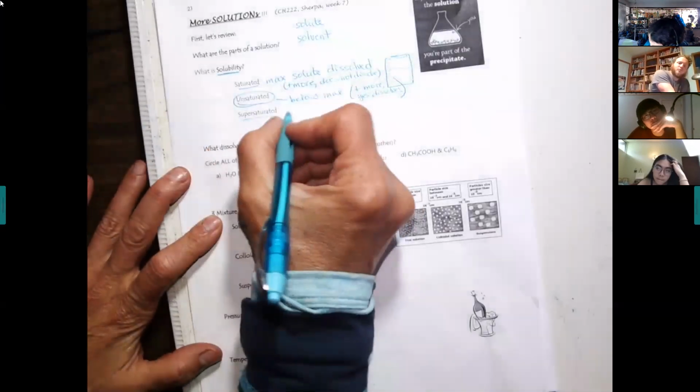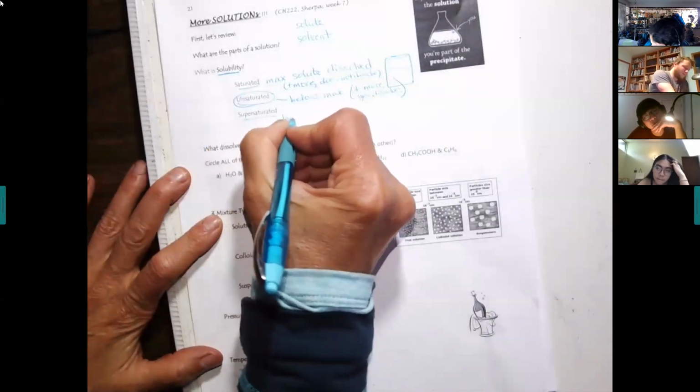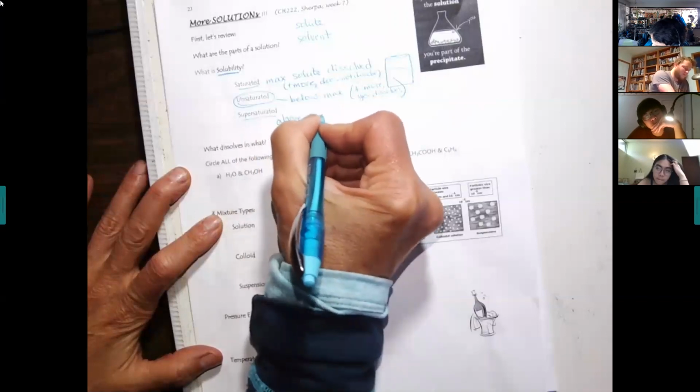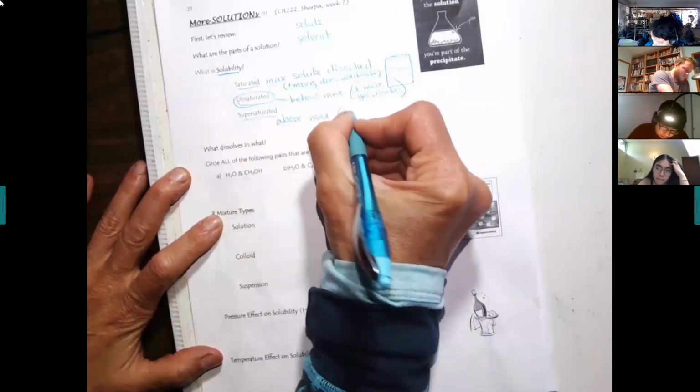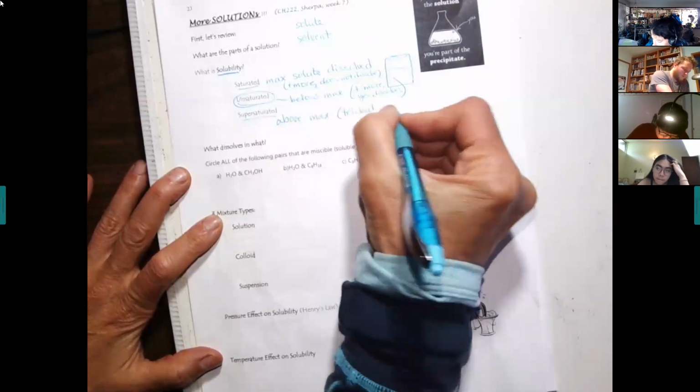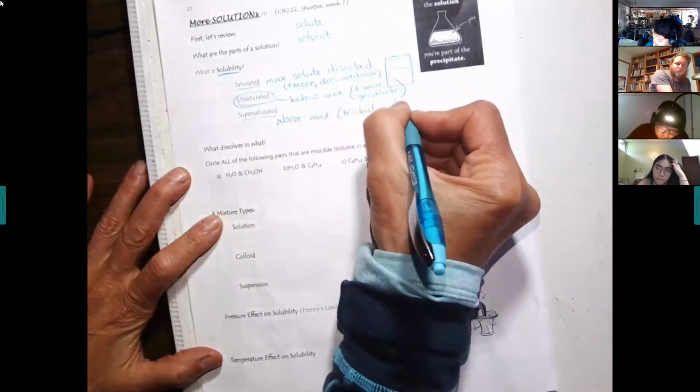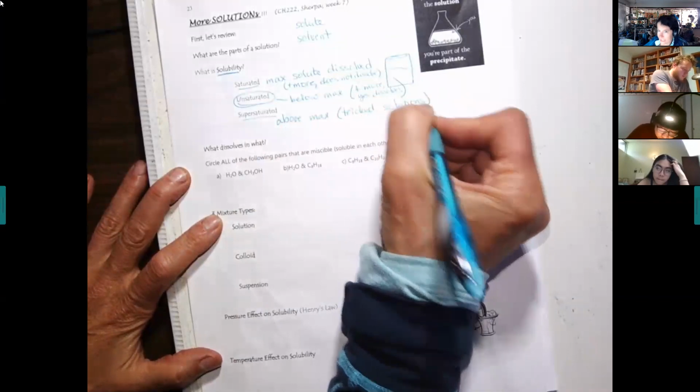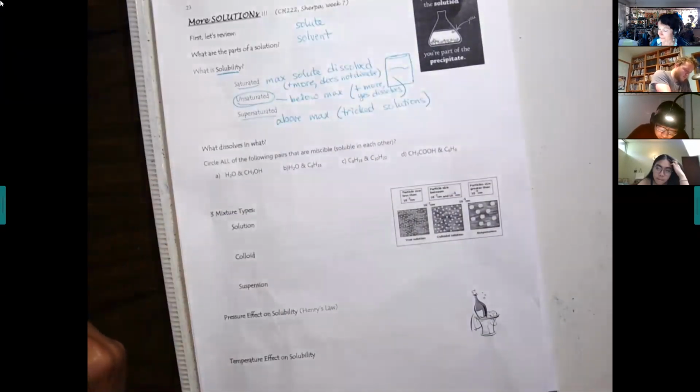And supersaturated just means you're above the max. Basically you trick the solution. Often this is done, the best example is with tea. If it's hot tea, you can add a lot of sugar to it.